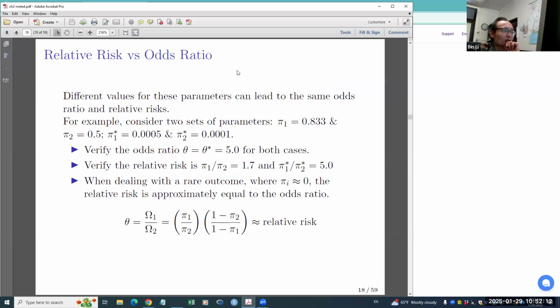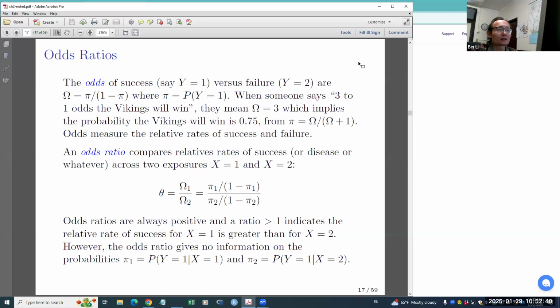This one shows the relationship between the relative risk and odds ratio. So odds ratio and the relative risk can be almost the same when pi 1 and pi 2 are very close to 0. Why? Because you can easily check, if pi 1 and pi 2 are very close to 0, this one is very close to 1, this one also very close to 1.